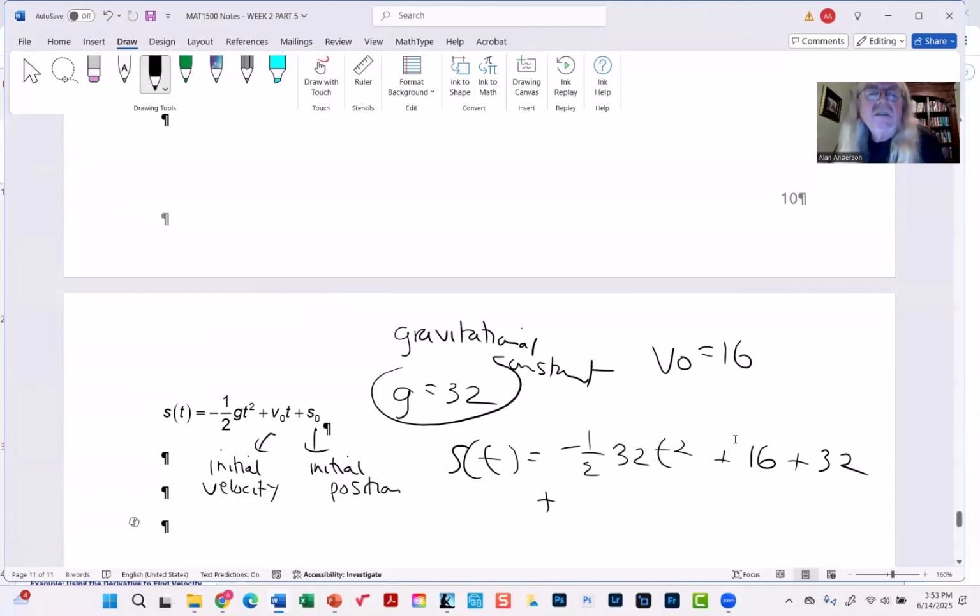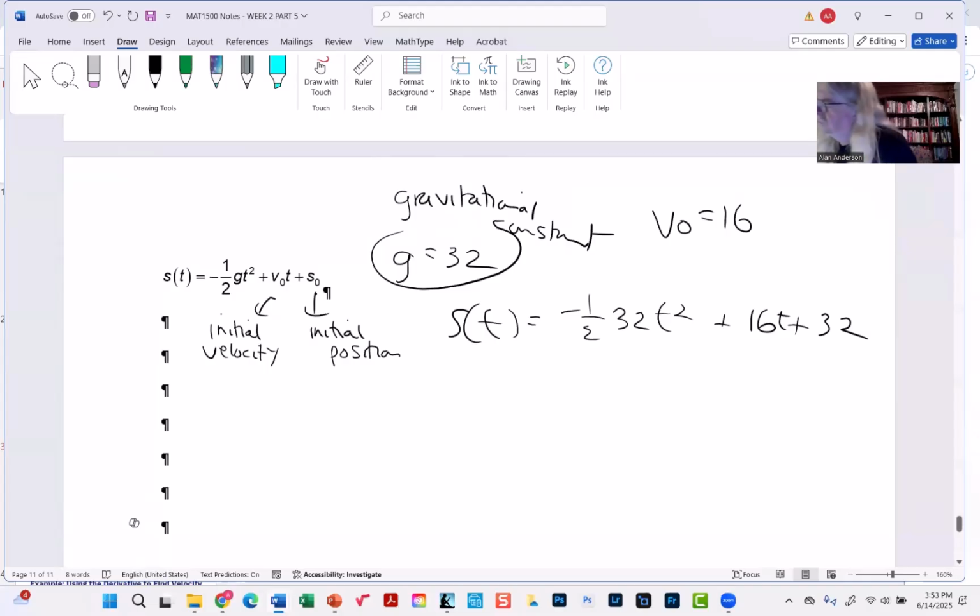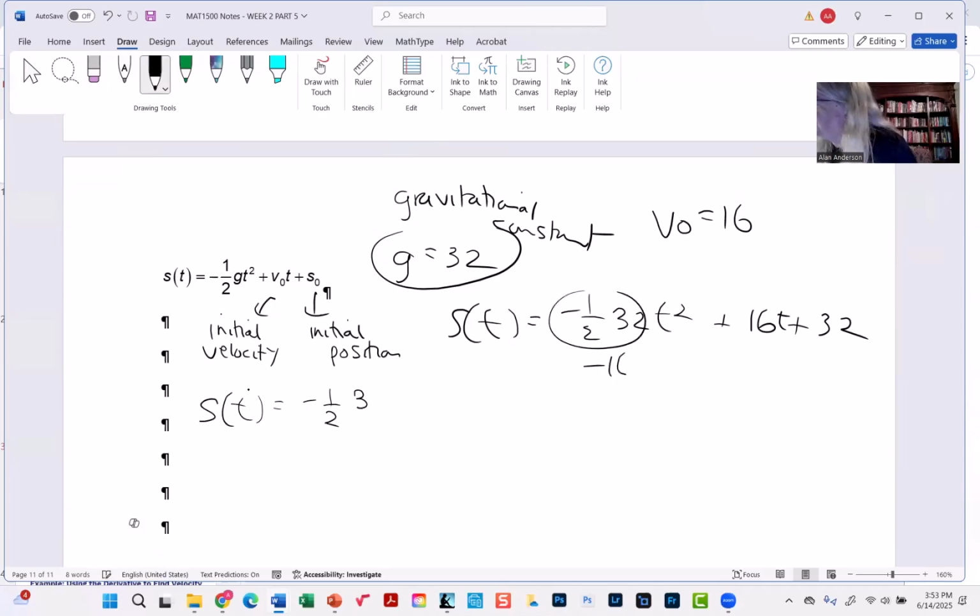I left out the t. Okay, now we're good. So in other words, they're basically telling us what belongs in this equation. Let's just summarize that here. And of course these become negative 16, so we don't want to just leave it like that.